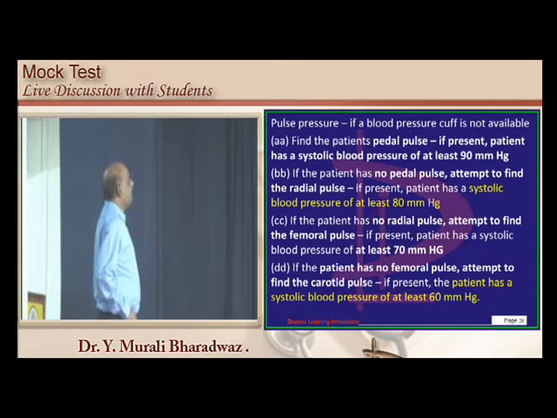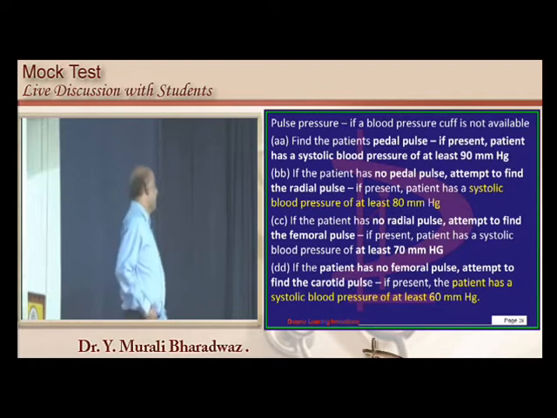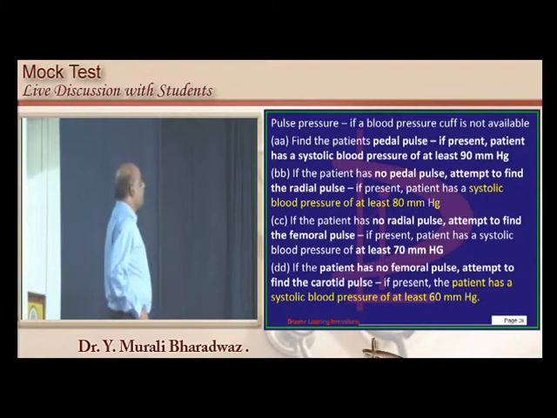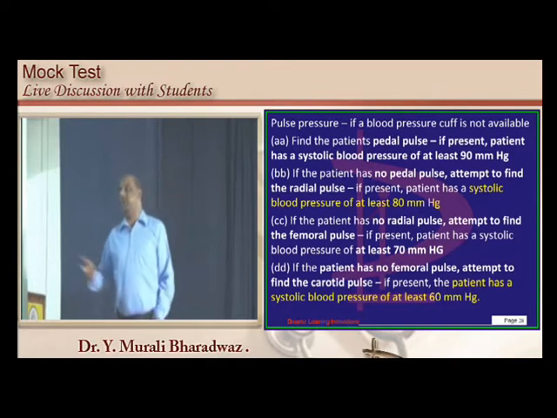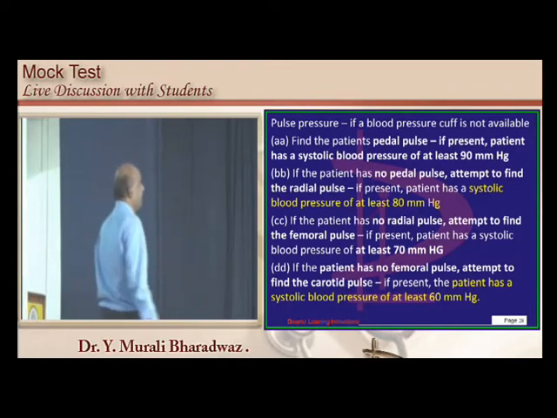No pedal pulse but radial pulse, systolic BP should be at least 80. No radial pulse but femoral pulse, then systolic BP should be 70. And if the patient has no femoral pulse, and if you want to find carotid pulse, at least 60 millimeters of mercury of the systolic BP needs to be present, is what you have to be very sure.